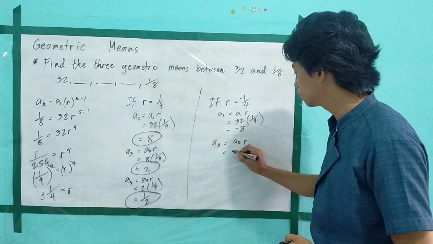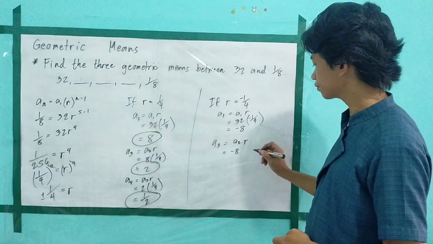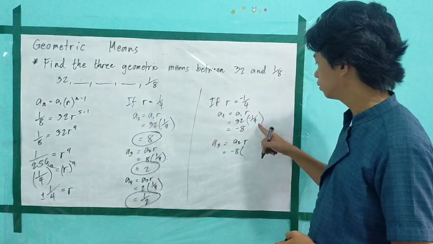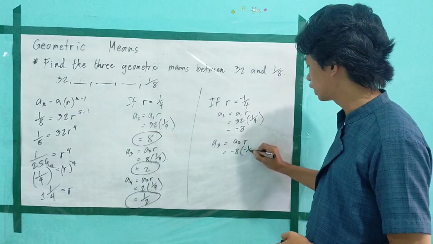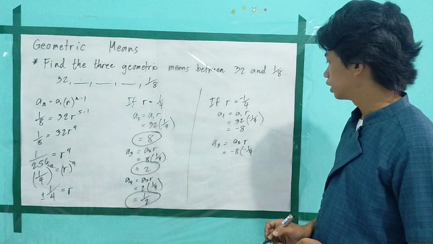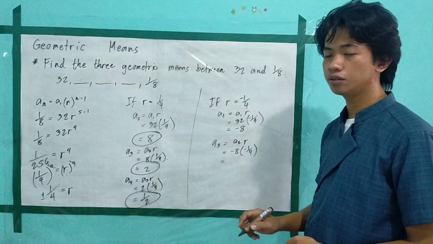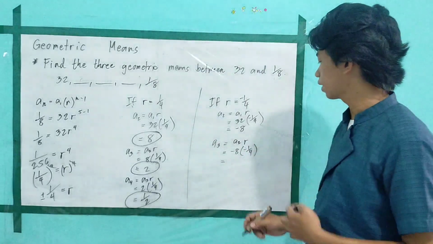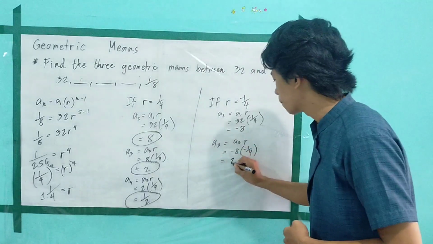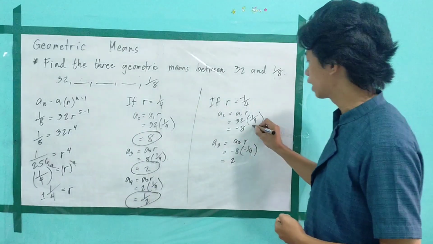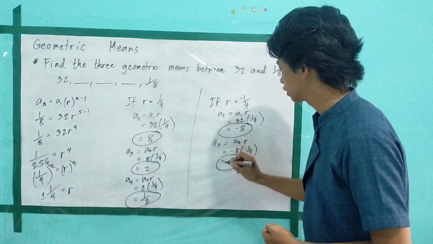So, a sub 2 natin, we have negative 8, and multiply to negative 1/4. So, negative 8 multiplied by negative 1, we have positive 8 divided by 4, so positive 2. So, ayan. Dalawang common ratio na natin.